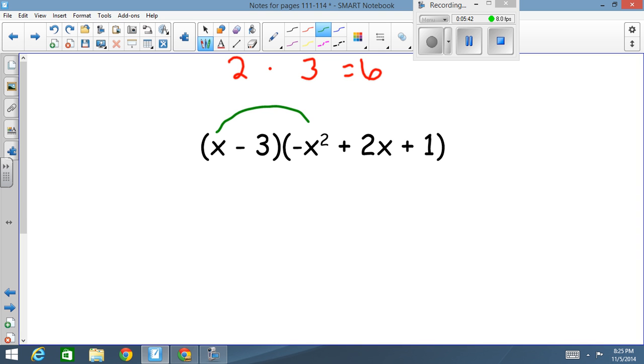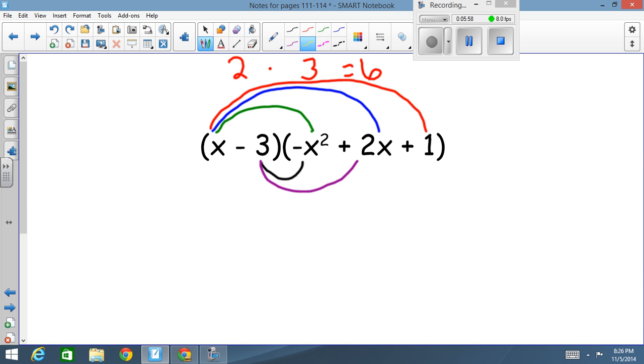So I have the distributive property with the x. I have to do that first. But then I am also going to distribute with the negative 3. So here are where your 6 multiplications come into play. Everything from the first term gets multiplied by everything from the second term.